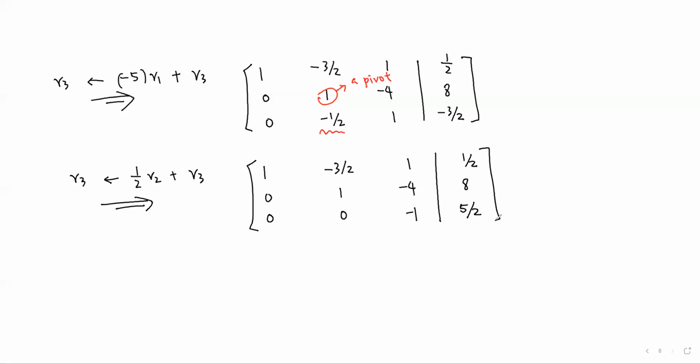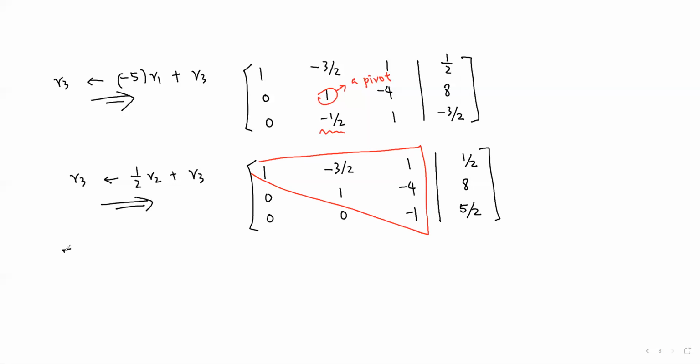Now I am done with forward elimination because this matrix is in upper triangular form. I'm done. Here you can get the solution by back substitution, but I don't like back substitution. I prefer backward elimination.